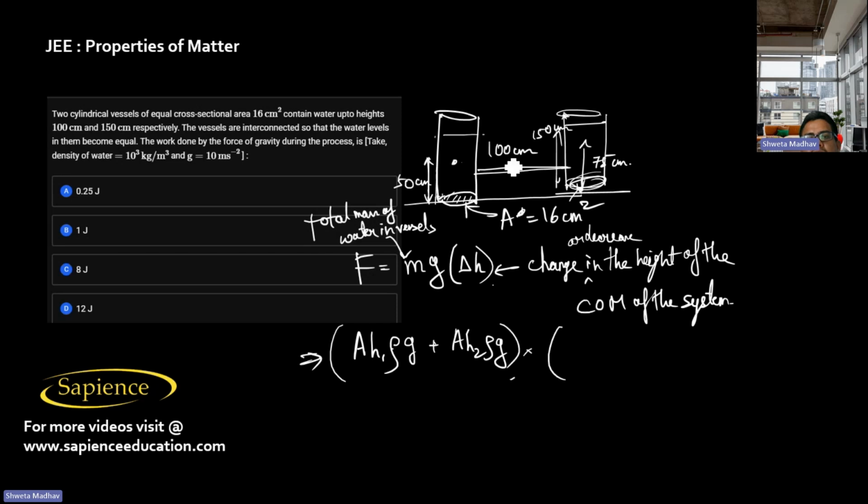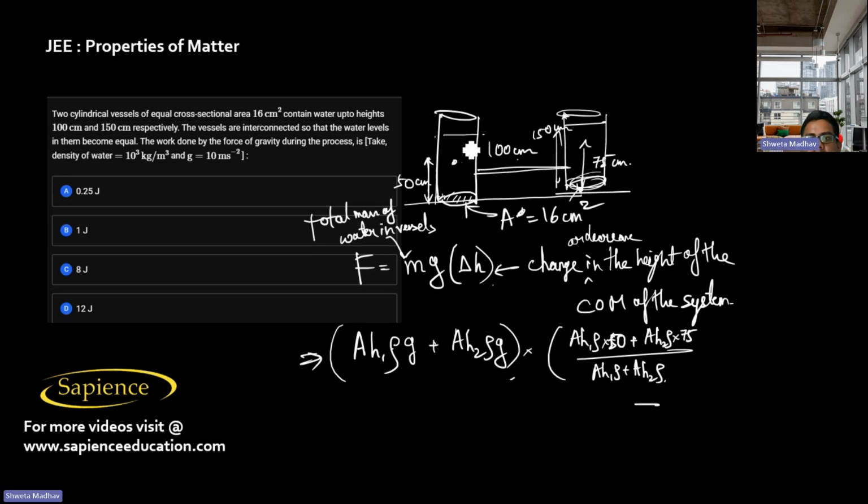So therefore the center of mass of the system was at a height of m1 x1 plus m2 x2 divided by m1 plus m2, which is A H1 rho into 50 plus A H2 rho into 75 by A H1 rho plus A H2 rho. So this was the initial center of mass height minus the final center of mass height.